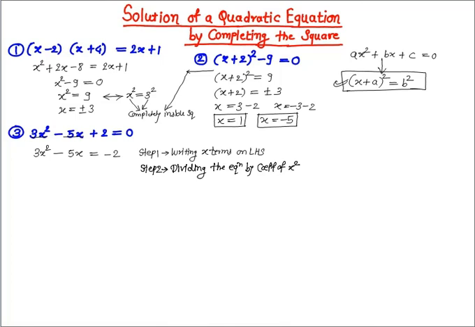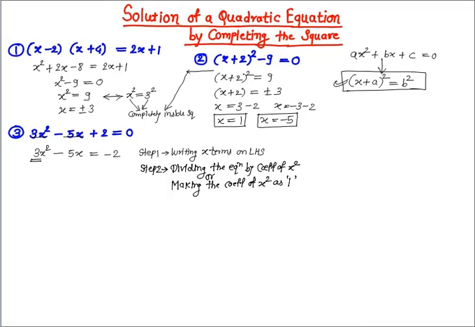What do we mean by that? We are actually making the coefficient of x² as 1. Now in this example, the coefficient of x² is 3. Now to make this coefficient as 1, what we can do?